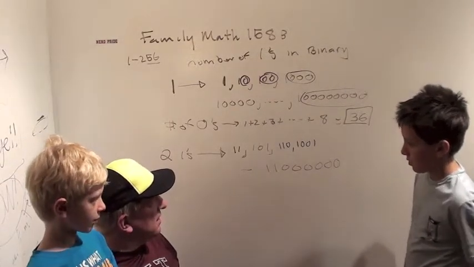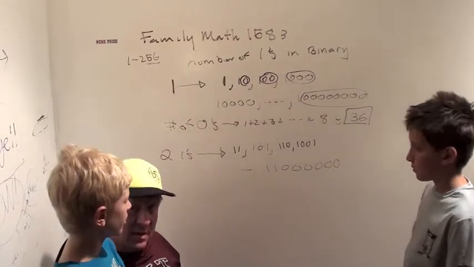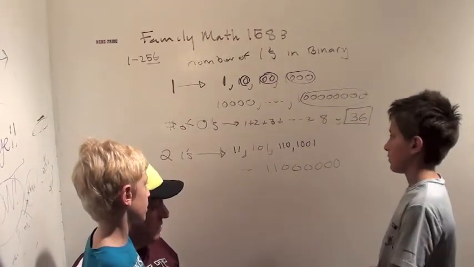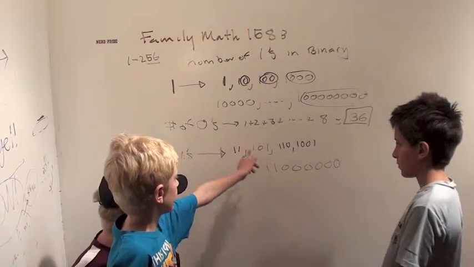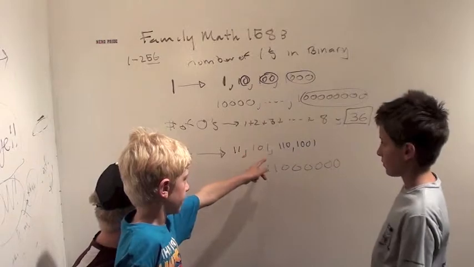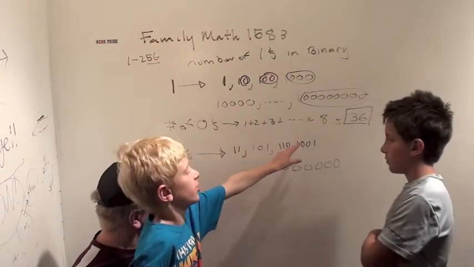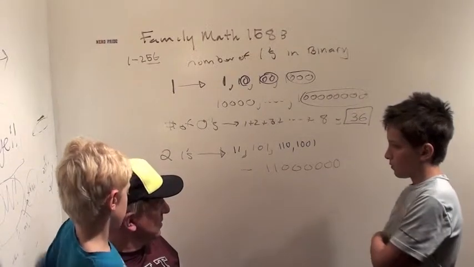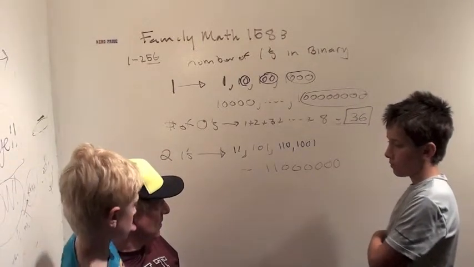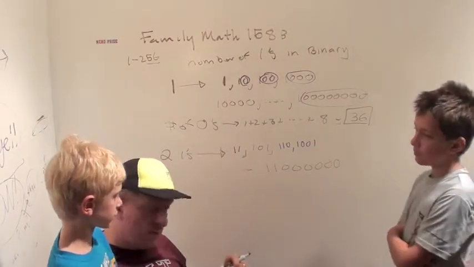Okay. So do you see an easy way to count all the zeros here? I think I see sort of a pattern. Well, I see that it's 3, 5, 6, 9, then the number of zeros between these ones keeps increasing by 1. Can you explain that a little more?